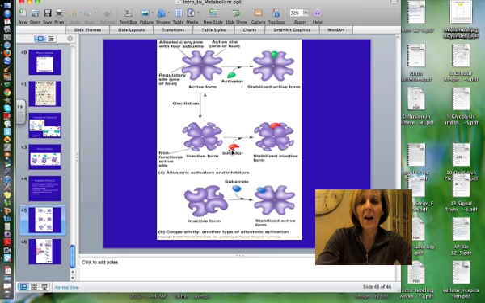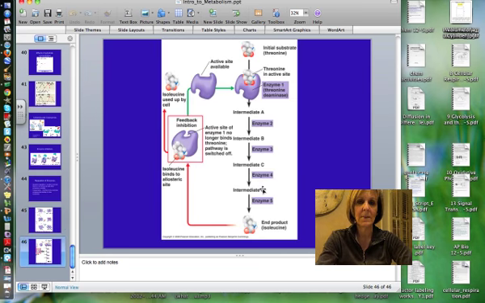Here we have an allosteric enzyme that is going to bond with an inhibitor, and the inhibitor causes a conformational change that causes the enzyme to be inactive, so the active site is not going to be able to bond with the substrate. And here we have an example of cooperativity where we have a substrate that is going to bond to the enzyme, and it's going to allow better bonding of other substrates.